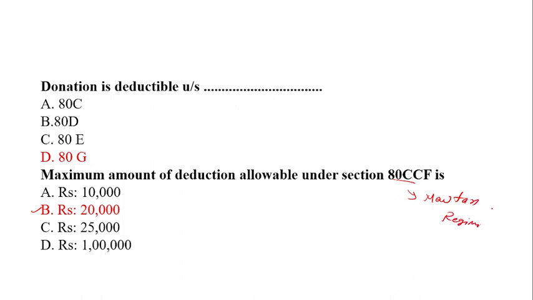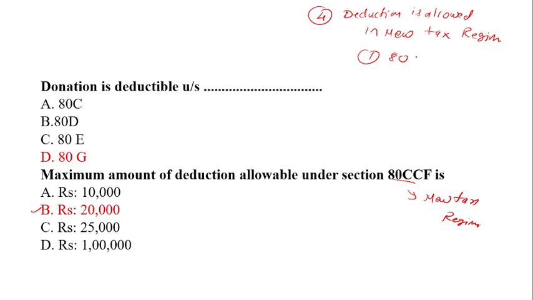Only four selected deductions are allowed in the new tax regime. First, 80JJAA.